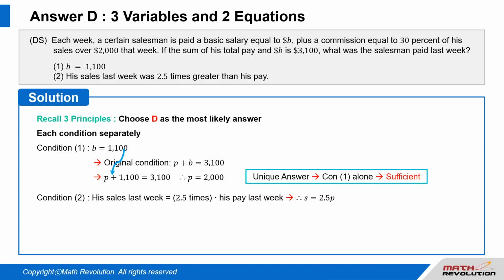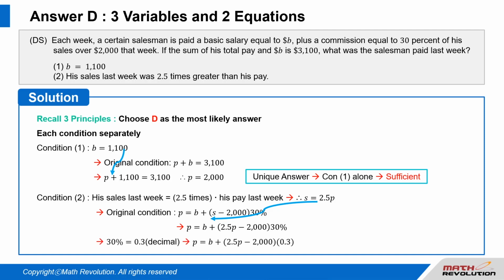Condition 2 tells us that his sales last week was 2.5 times greater than his payment last week. That is, S equals 2.5 times P. Now, we can substitute this into P equals B plus S minus 2,000 times 30% and get P equals B plus 2.5 times P minus 2,000 times 30%.